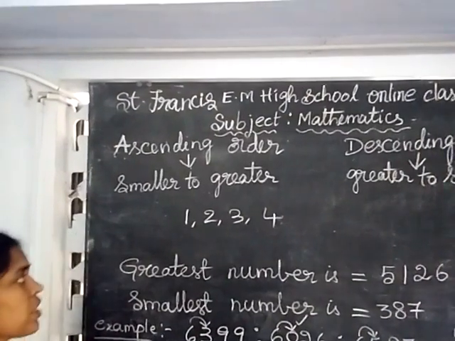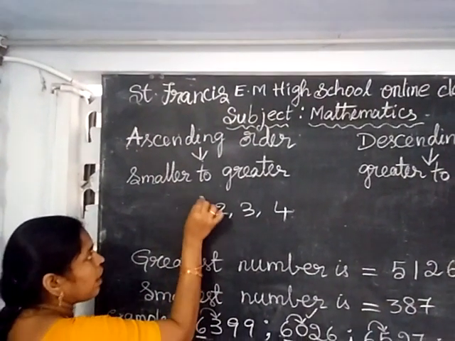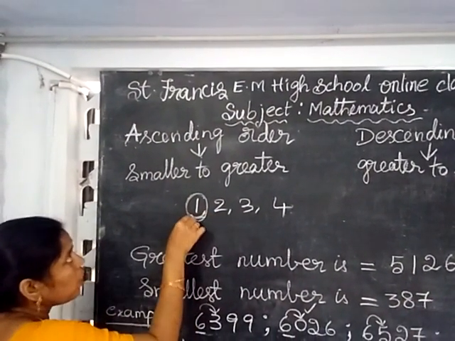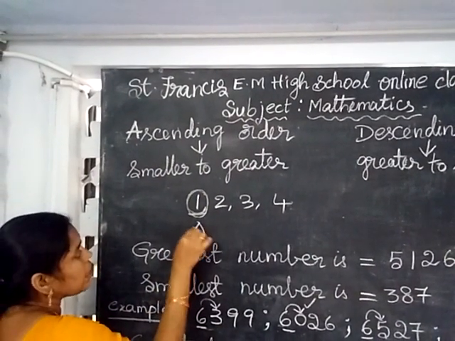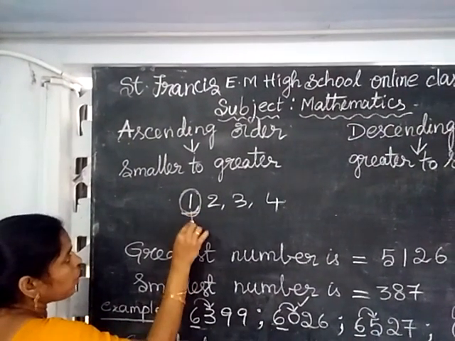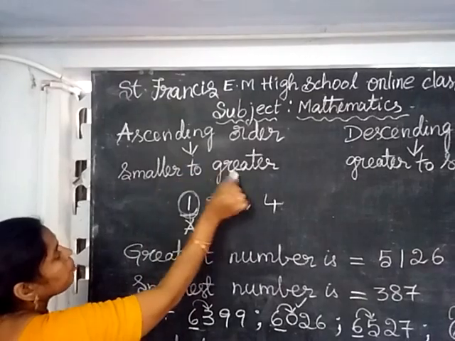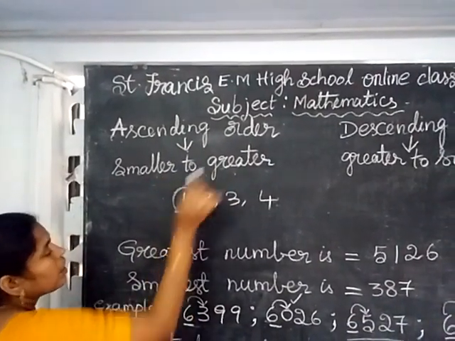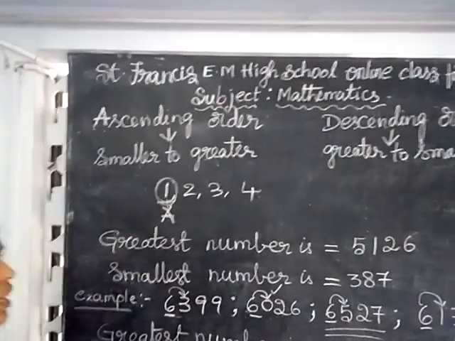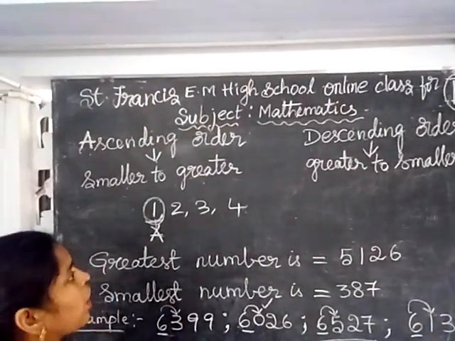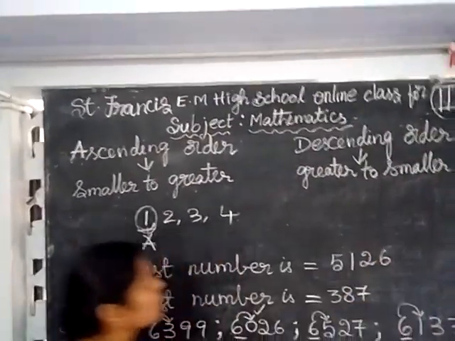Yes? Which is the smaller one? 1 is the smaller one. The starting number is the smaller one. So, in the alphabet, A is the starting letter. So, you write small to big. You remember it. And descending order is the reverse order, greater to small.